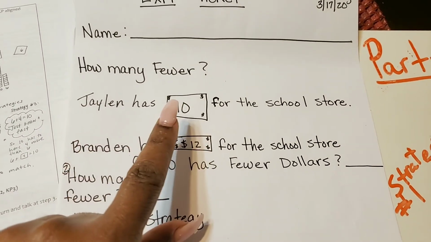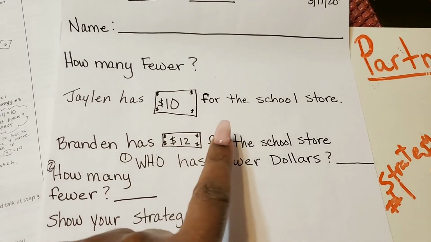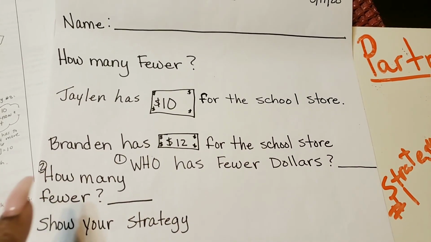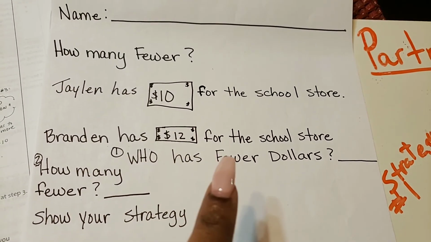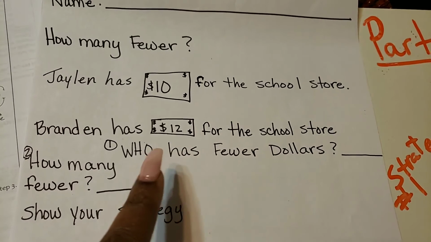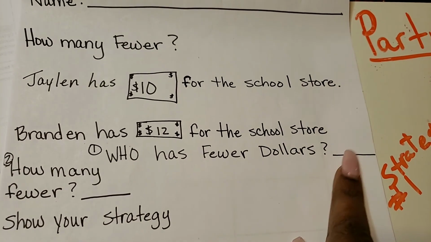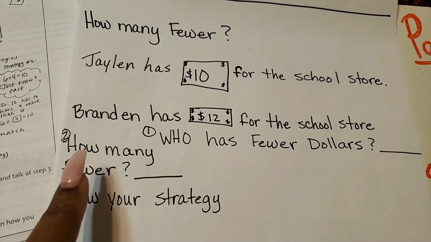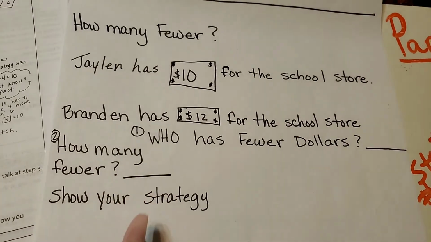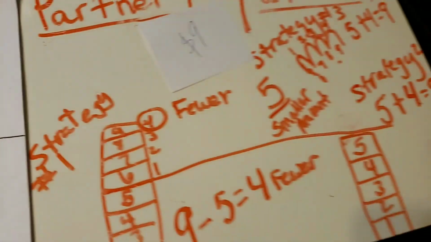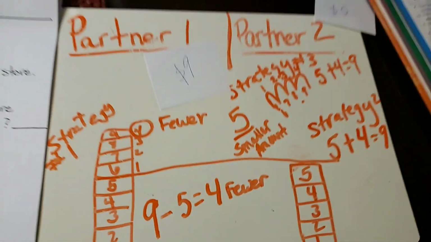Jalen has $10 for the school store. Brandon has $12 for the school store. Who has fewer dollars? Put your answer here. Then you tell how many fewer. Show your strategy, how you know. Then you write your number sentence at the bottom.